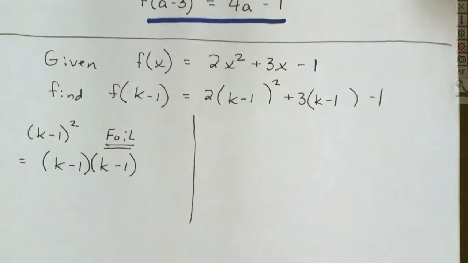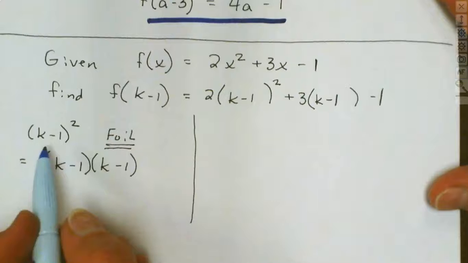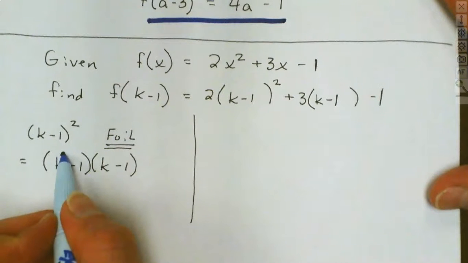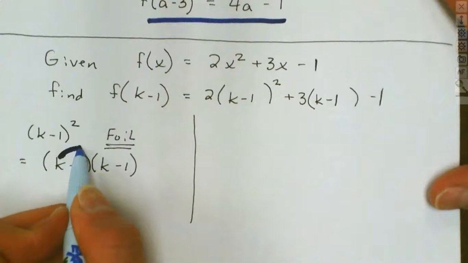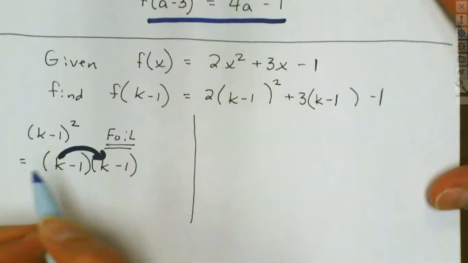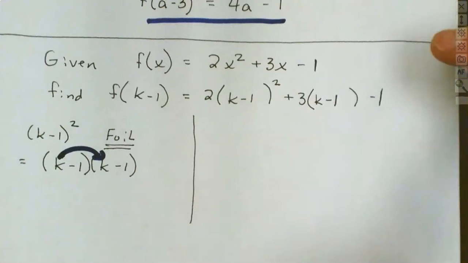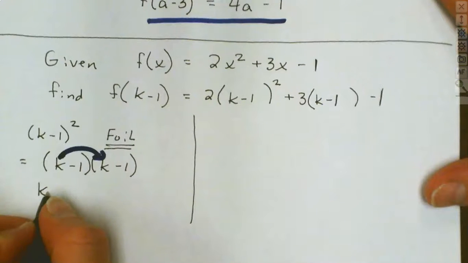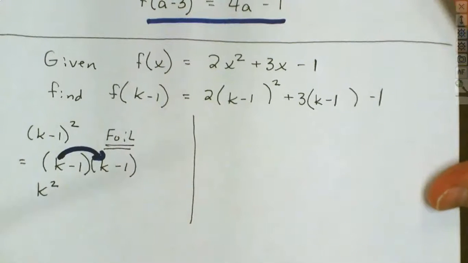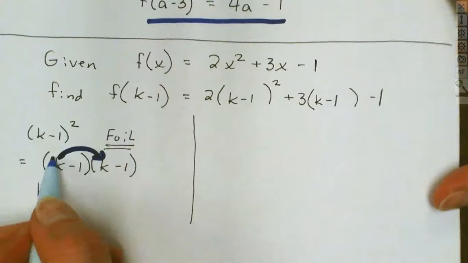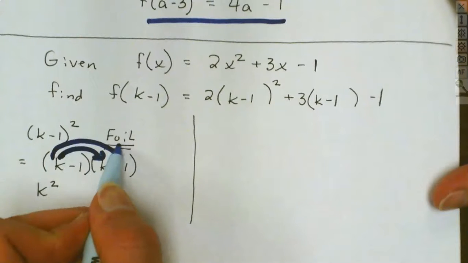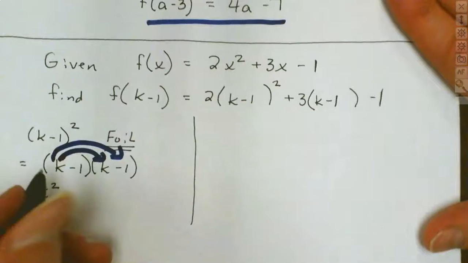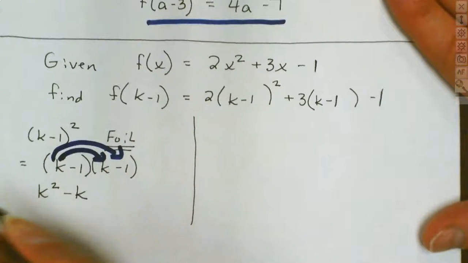To FOIL, we take the first times the first. That's what the F stands for. First times the first. So you just draw your arrows. That's k times k, and that's k squared. Then we take the outside times the outside. So that's k times a minus 1. So that's a minus k.